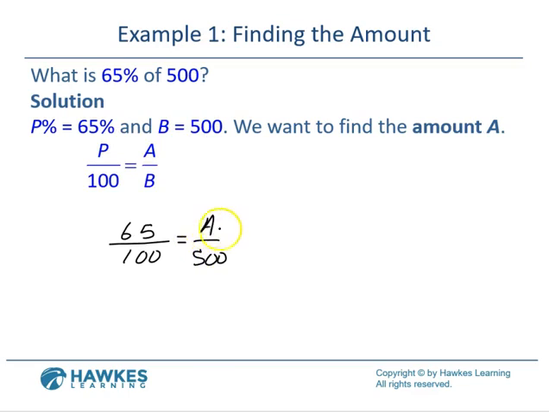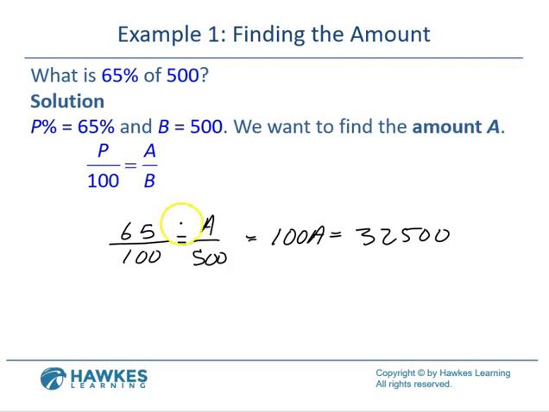We don't know A, but remember from doing our proportions, we can multiply this out. So we're going to get 100A equals 500 times 65, and 65 times 500 gives me 32,500.